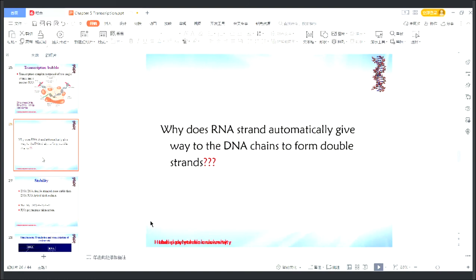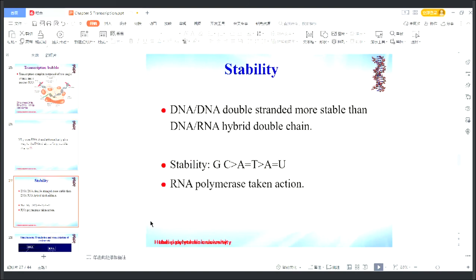Why does the RNA strand automatically give way to the DNA strand to form the double helix structure, and the RNA strand divides? Owing to stability.